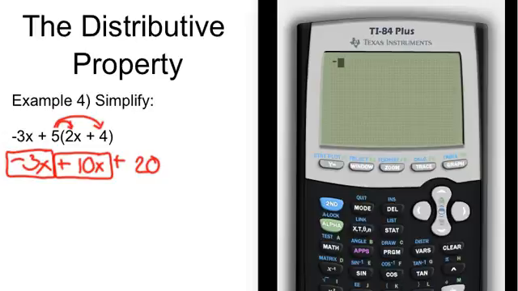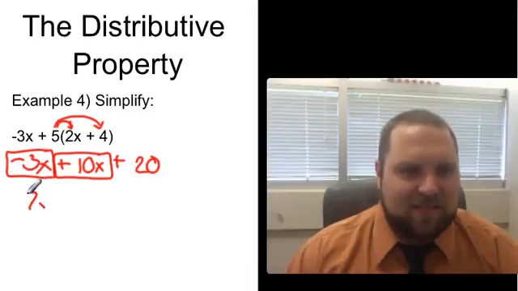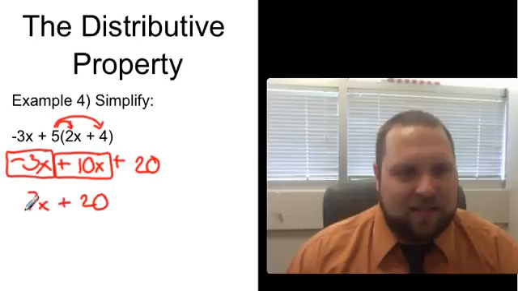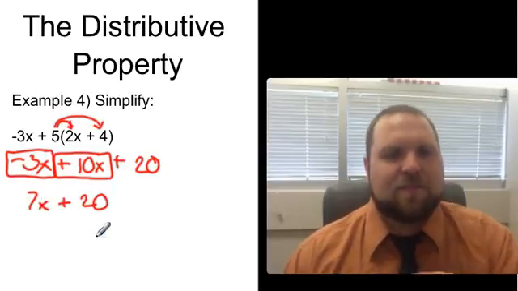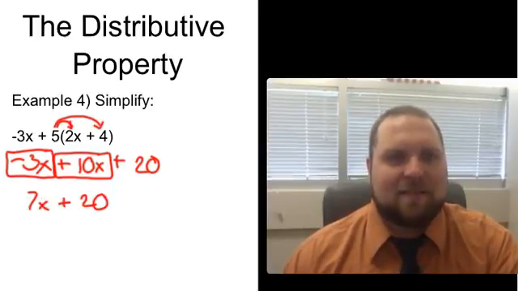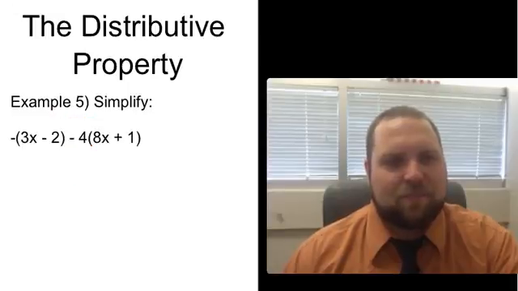So negative 3 plus 10 is going to be 7. So I would come over here and I would say 7x plus 20. That's now a linear term and a constant term. I cannot add those together, so I've simplified it.